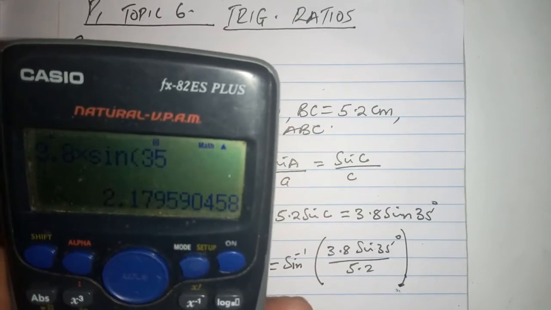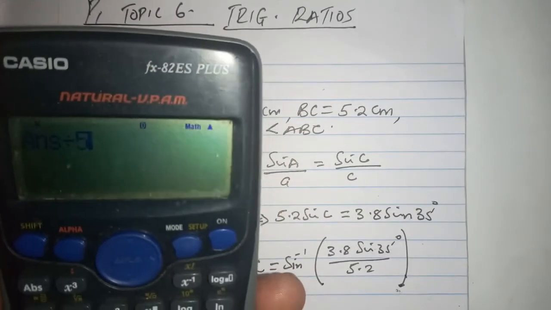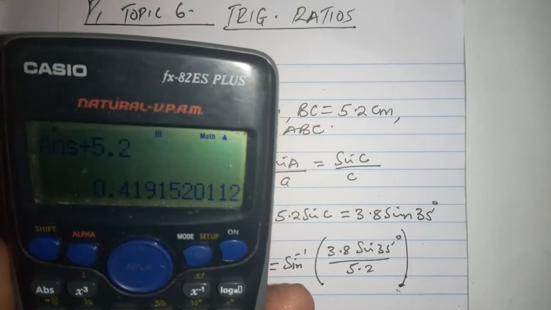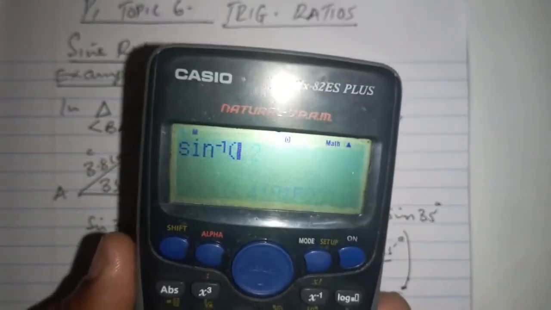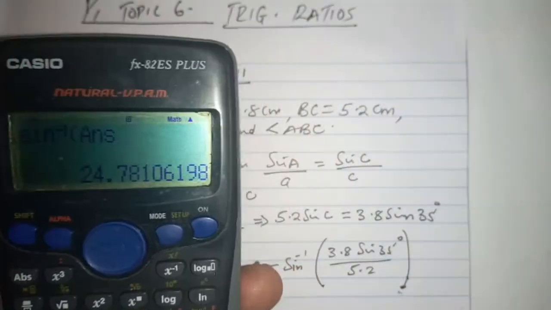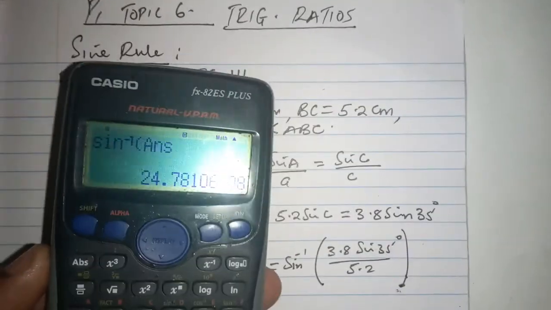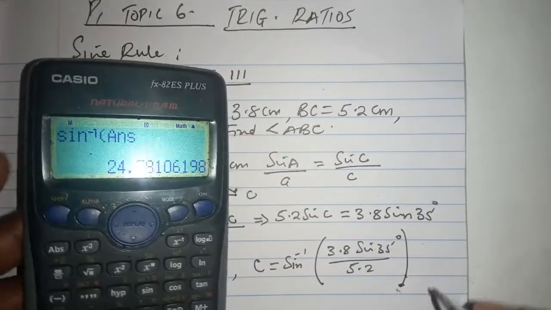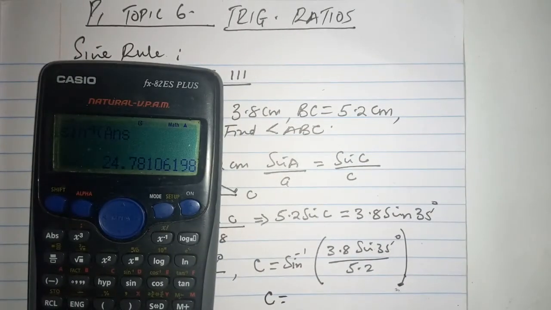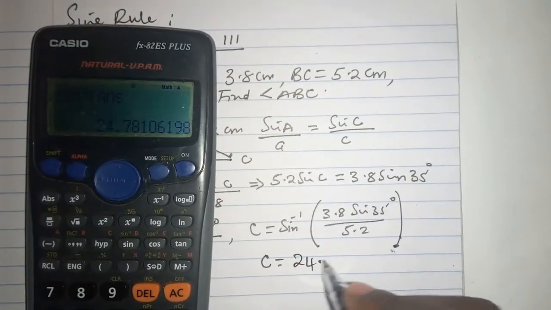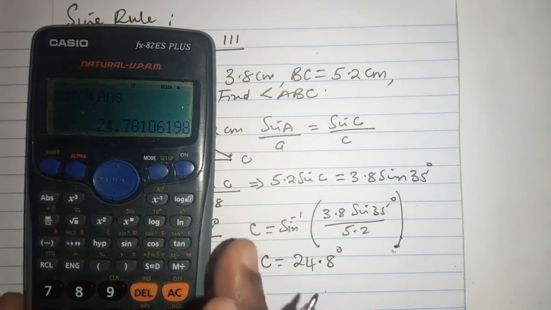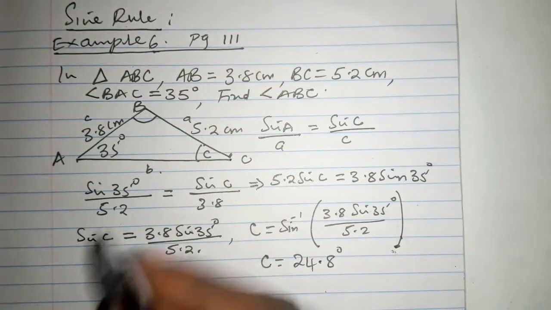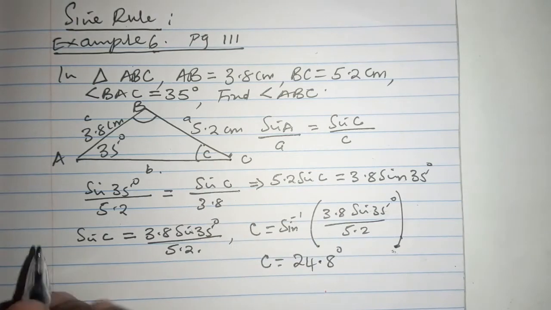Of course, that is equals to that. You divide by 5.2 equals to that. And it is now this which we shift sine answer to get our answer to be 24.8 degrees. So our C is 24.8 degrees.